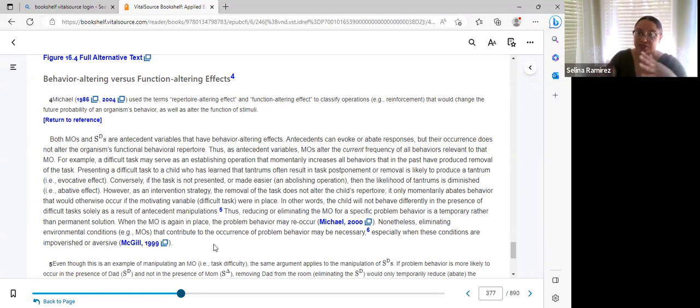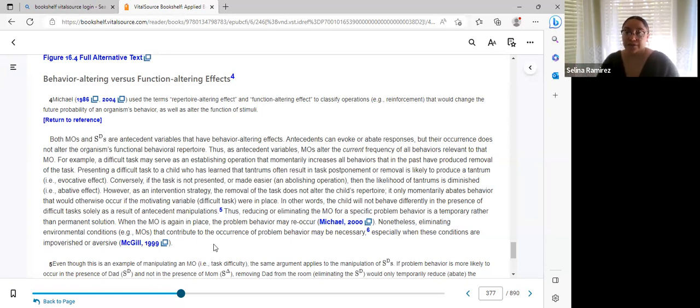So antecedent-based strategies, are you using your proactive strategies? You're like, okay, we're going to manipulate the classroom so that he sits further from the door. Or we're going to close the door so that it makes it harder because now he has to turn the knob in order to get out.